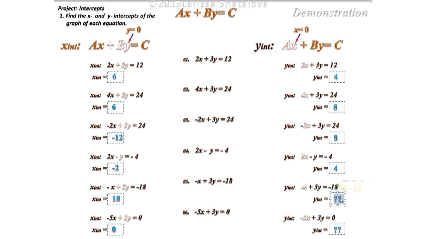Negative 18 divided by positive 3 would be negative 6. And 3y is 0. So divided by 3, 0 divided by 3 is 0. So the y-intercept is 0. Your project is on the next slide.